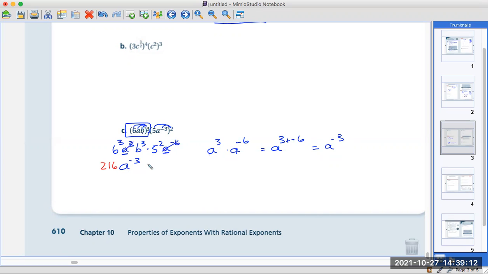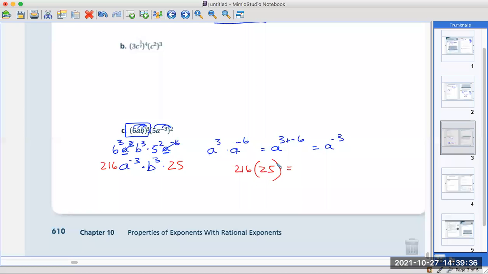The B doesn't have a partner. This is 25. 5 squared is 25. The red numbers are coefficients. I multiply them. 216 times 25. Use a calculator.